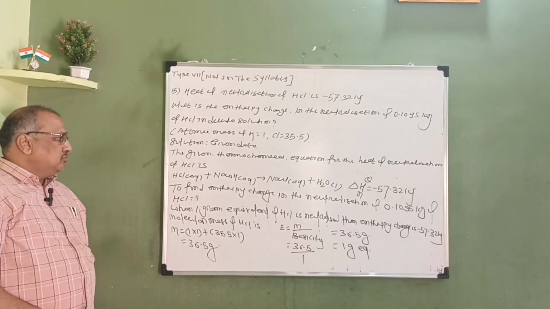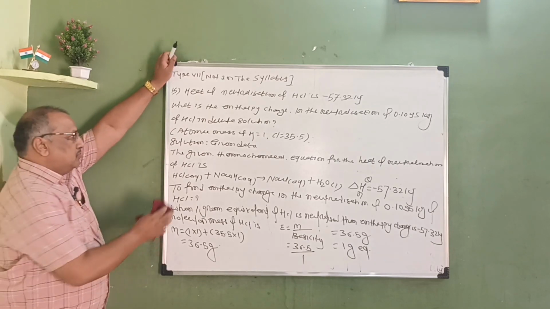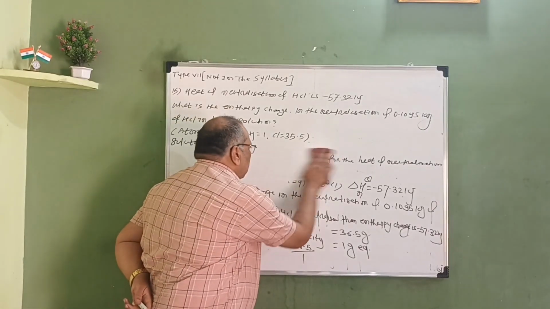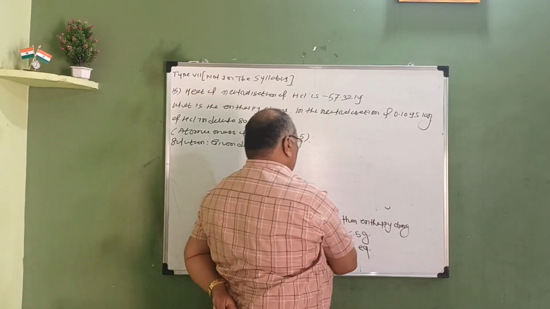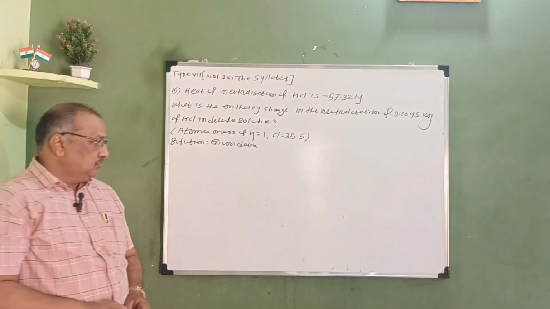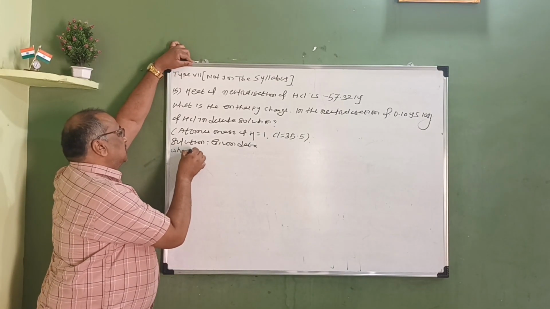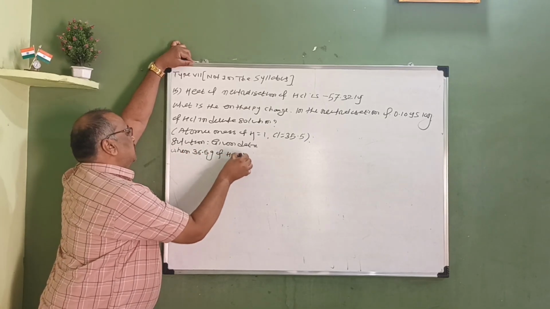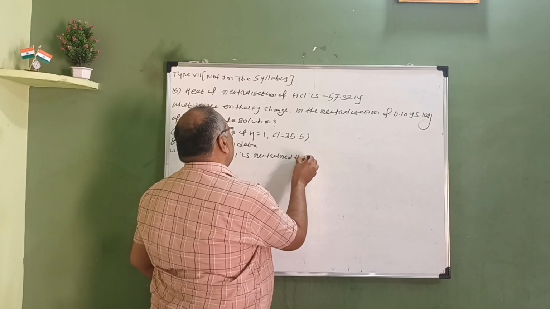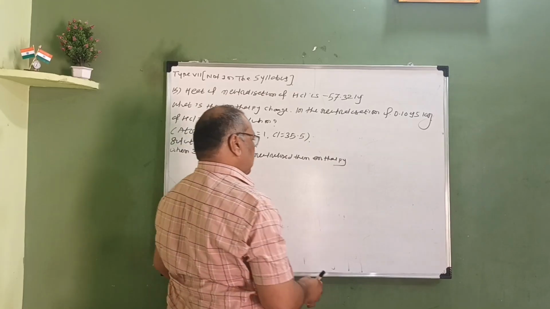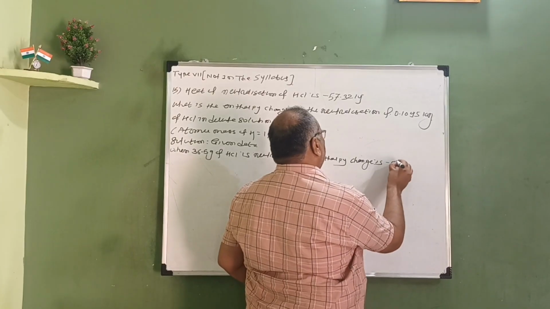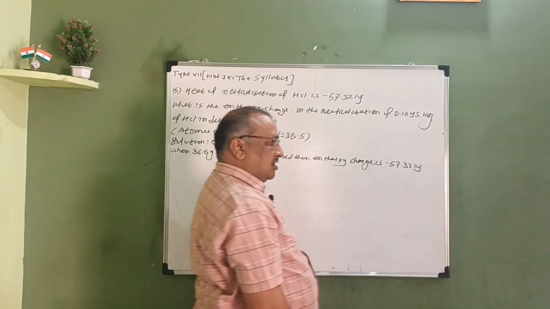Now here, when 36.5 gram of HCl is neutralized, then enthalpy change is minus 57.32 kilojoule.